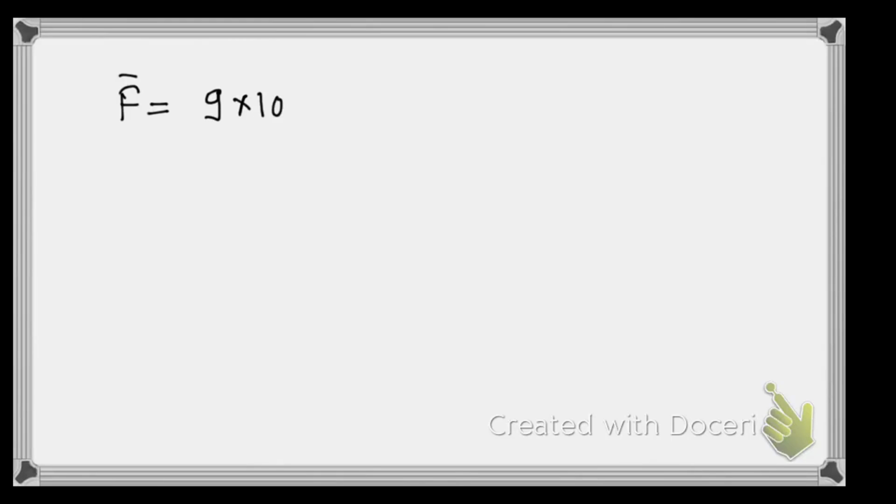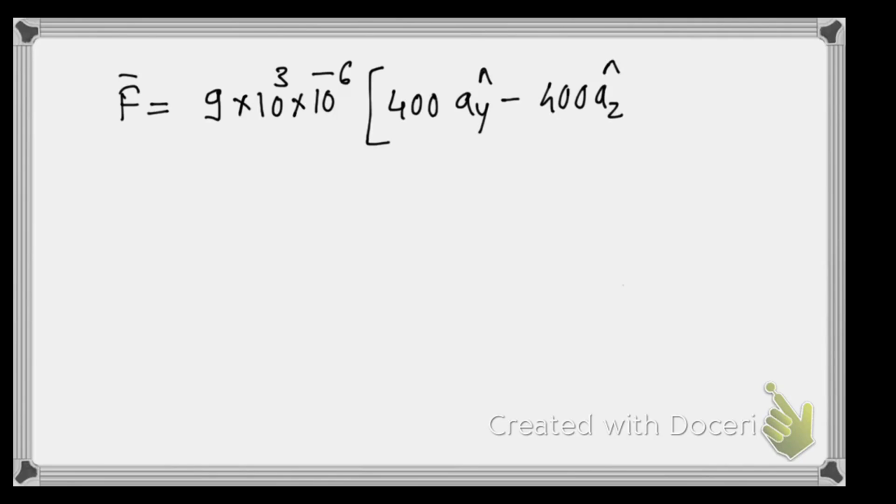So next, after solving all these things, we get the vector F bar equal to, you can check it, 9 into 10 raised to 3 into 10 raised to minus 6 in bracket 400 ay cap minus 400 az cap plus 400 ay cap plus 400 az cap, right?